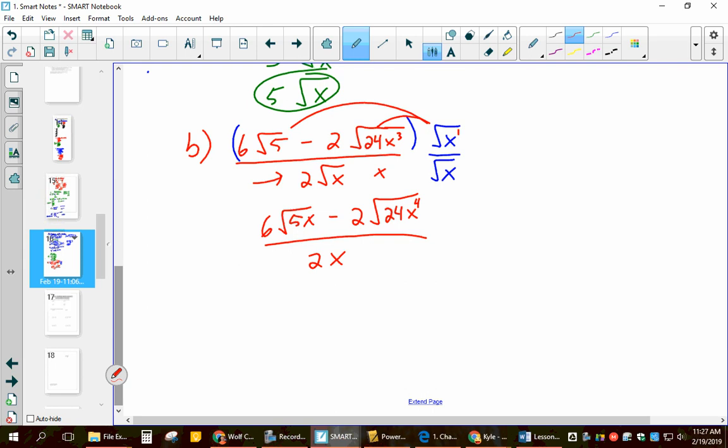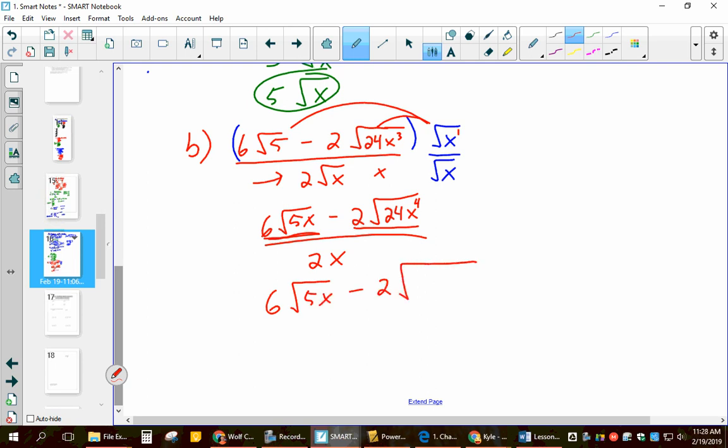Now we've got to start seeing if we can take some things out. So if I'm looking at this so far, I can't really do anything to that term. That's as low as it can go. But this one, can I rewrite that a little differently? So maybe 6 times root 5x minus 2.